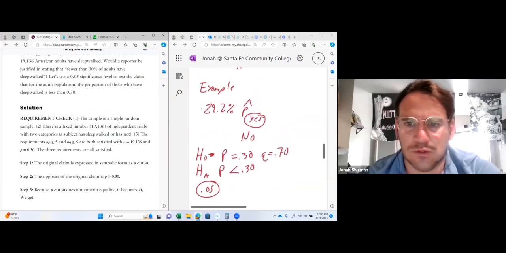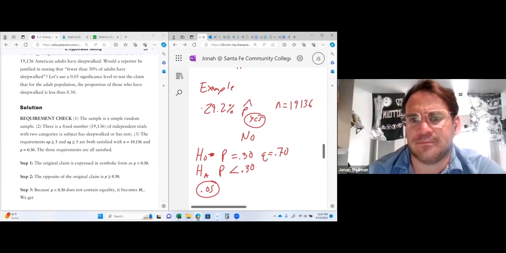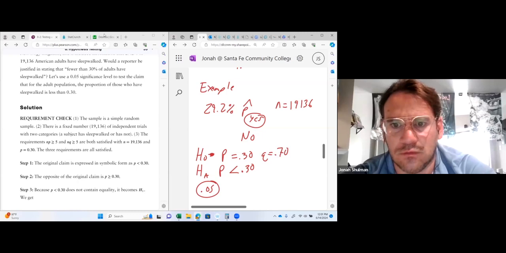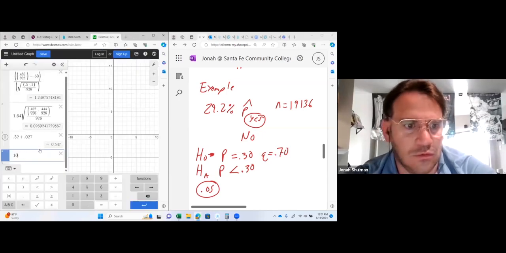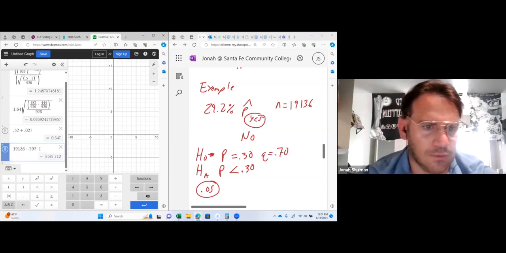Oh wait, how big is my sample? I guess I didn't put it in. So my n is 19136. So I'm just going to multiply by this to get the first value for the number of successes. 19136 multiplied by 0.292.